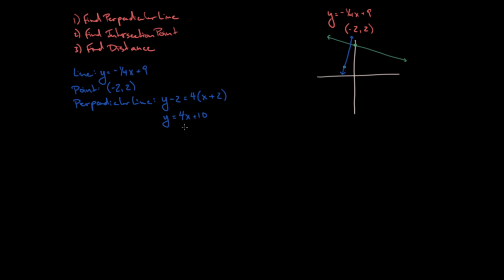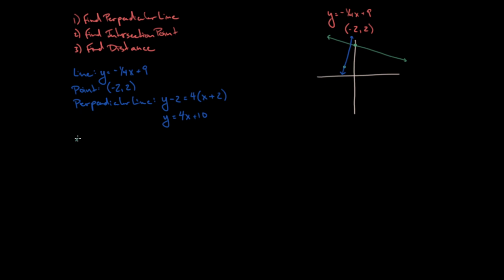So the next thing I want to do, and I'll do it in a different color here, is find this intersection point. I have to ask myself, what does it mean to be an intersection point in the first place? An intersection point is just the one point that satisfies both of these equations. It's the one point that I can plug into either of these that makes them both true. So in other words, I'm trying to find the solution to this system.